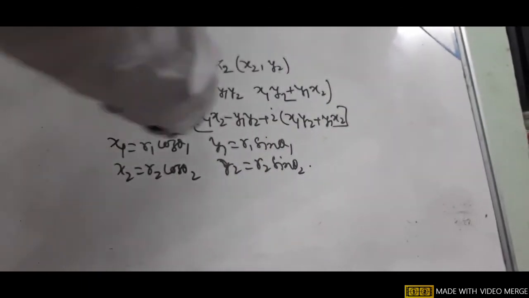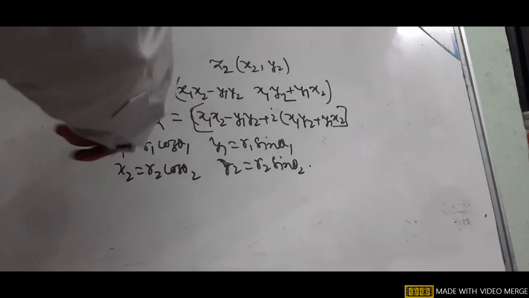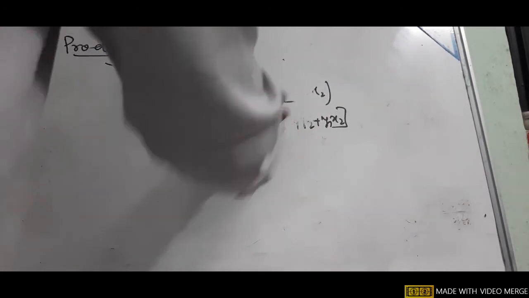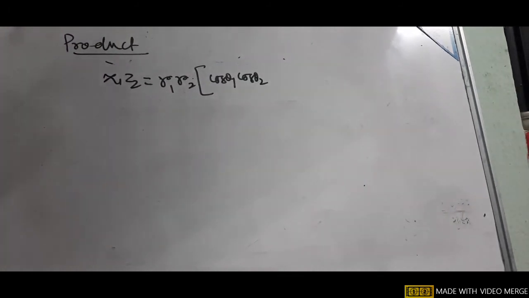If we put these values in terms of r and theta, then we get the product of the two complex numbers as r1 r2 times cos theta1 cos theta2 minus sin theta1 sin theta2, plus i times cos theta1 sin theta2 plus cos theta2 sin theta1.